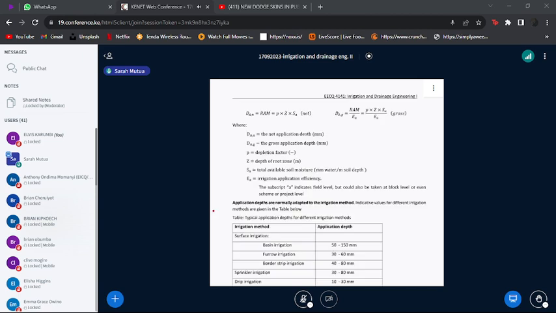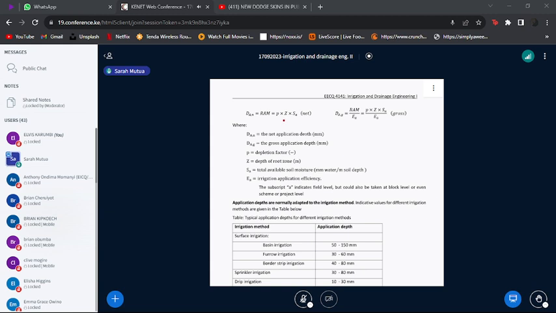So maximum depletion will be the readily available moisture, which is P Z times SA. SA is the equivalent depth of water, usually denoted by multiplying theta by 10. And Z is the depth of the root zone.